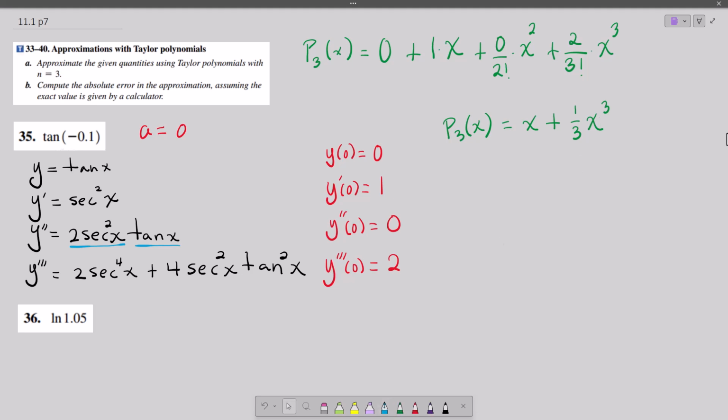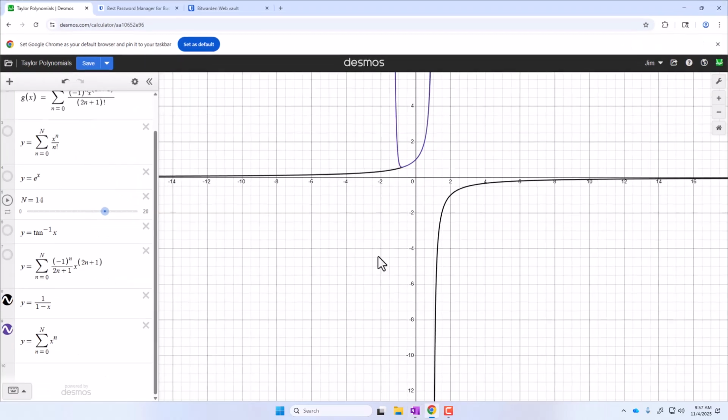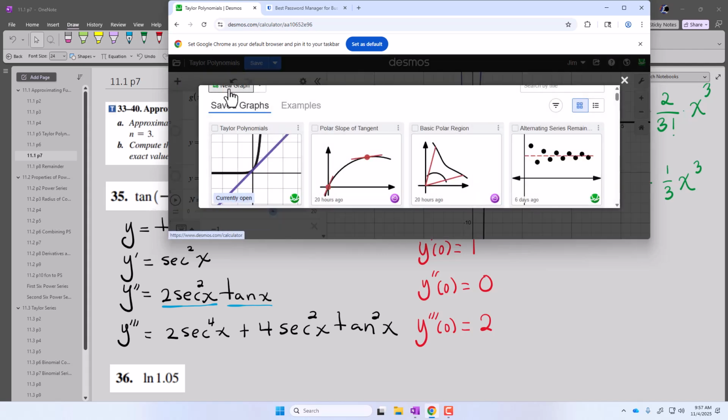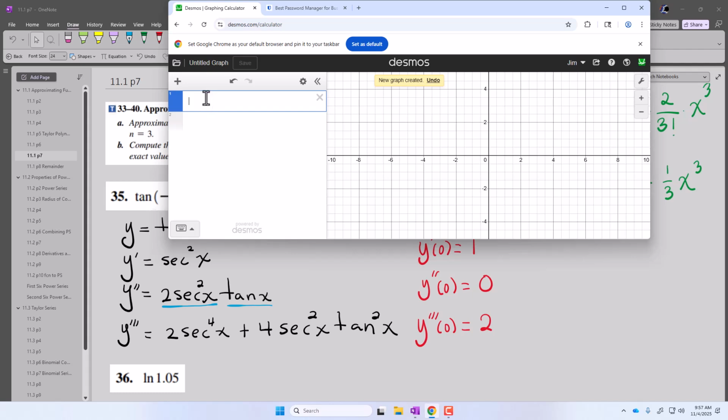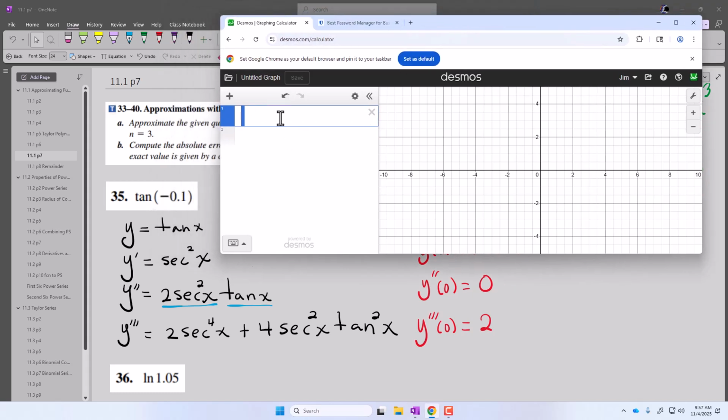So let's go ahead and see what happens when we substitute these things into our graphing utility here. And we want the tangent, so this is going to be our super accurate approximation. It will be accurate as far as the Desmos screen can be read.